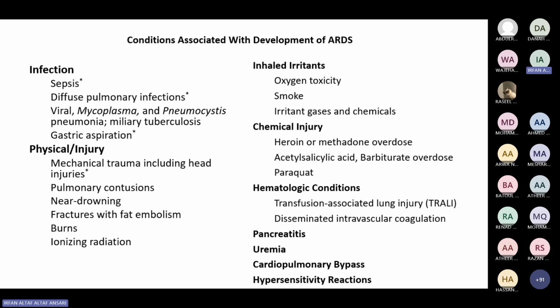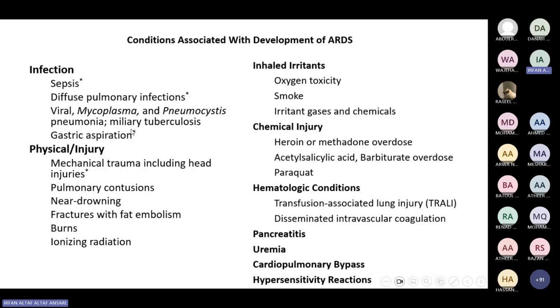Okay. So these are the causes: infection, injury, especially head injury, septicemia, diffuse pulmonary infection like pneumonia. Okay, gastric aspiration, especially when someone is in coma and aspirates gastric material or gastric juices, and head injuries. Okay, mechanical trauma to the chest or the head.